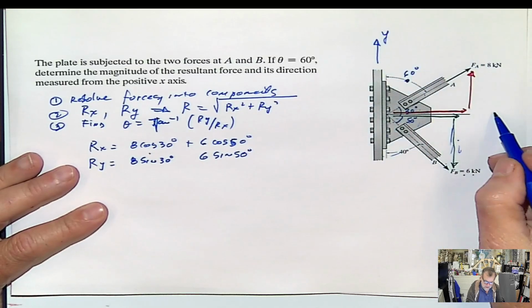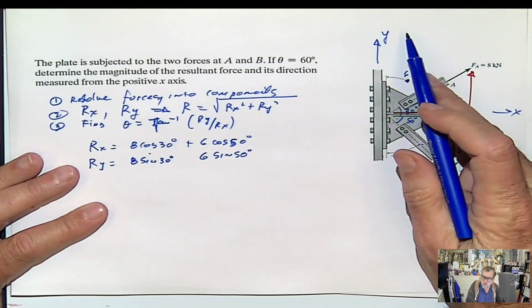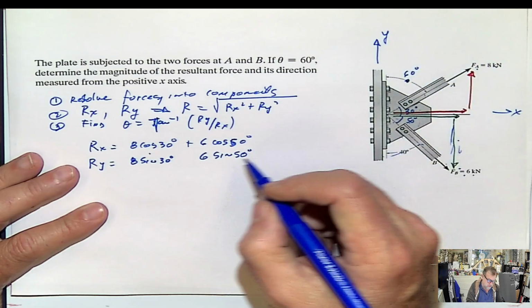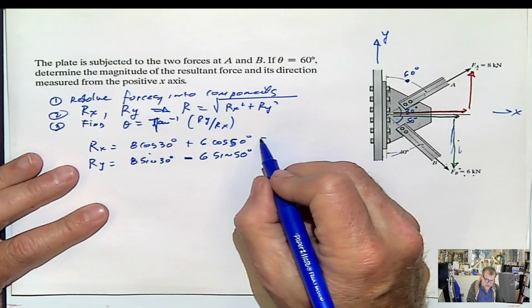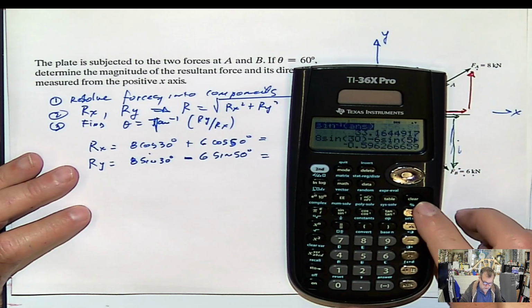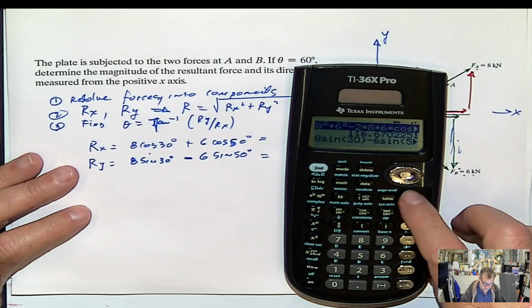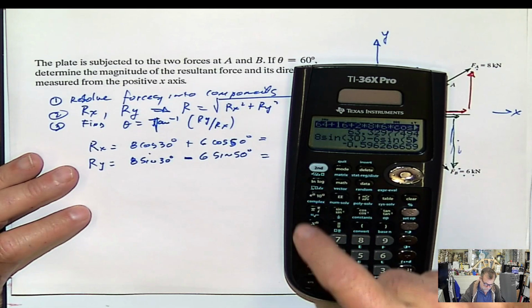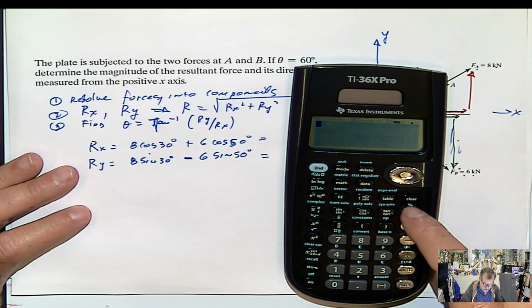If we say that our X is to the right and our Y is up, this is going to be positive, but this is going to be negative. So I need to include the negative sign in there. The rest is calculation.